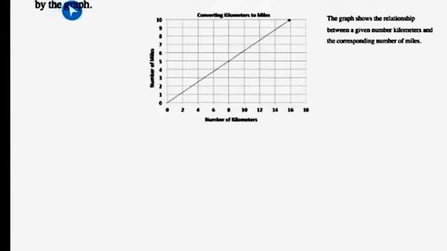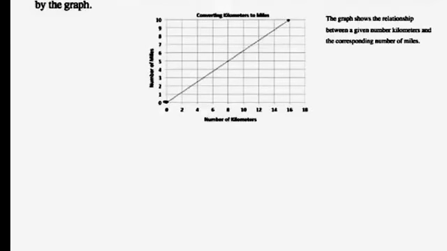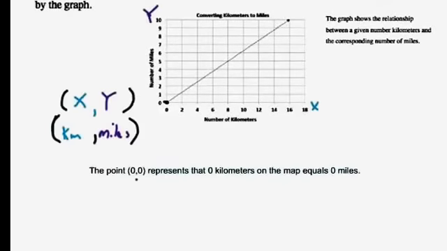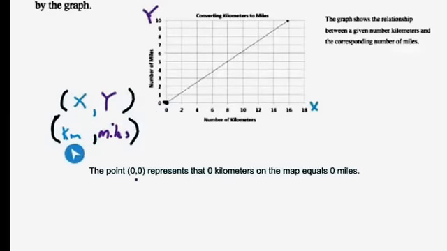Question E. Describe what the point 0, 0 on the graph represents in terms of the situation being described by the graph. Now, what is each dot or point drawn on a graph? Each dot on a graph is a coordinate pair x, y, and it is a sentence in algebra describing the relationship between the x variable and the y variable.